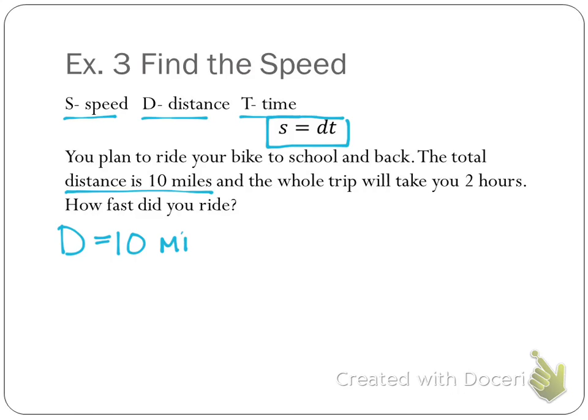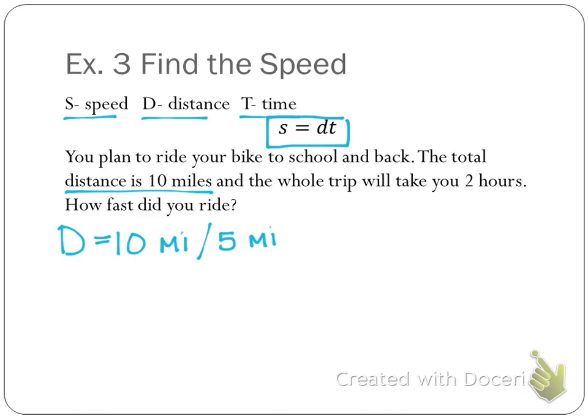Now, the total distance of the trip, that means you are riding how many miles there and how many miles back? 5 miles there and 5 miles back. So listen, I want you to do this. Right beside it, 5 miles. Because in order to find the speed, I need to know the distance that he's going, not the total round trip, but the distance that he's going one way. Okay?